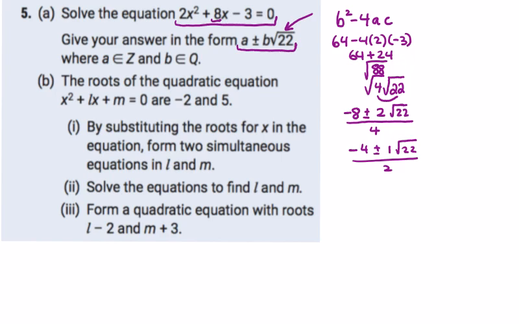And if they want it broken up in half, it's going to be minus 4 over 2, which is minus 2, plus or minus 1 over 2 root 22.